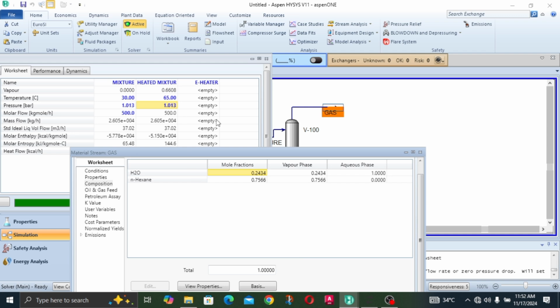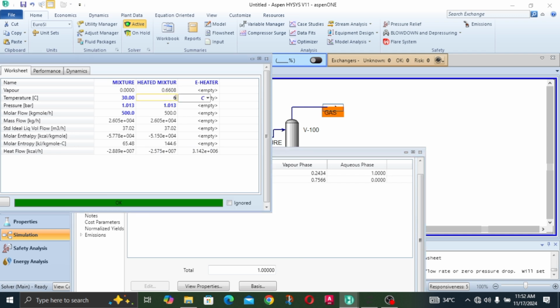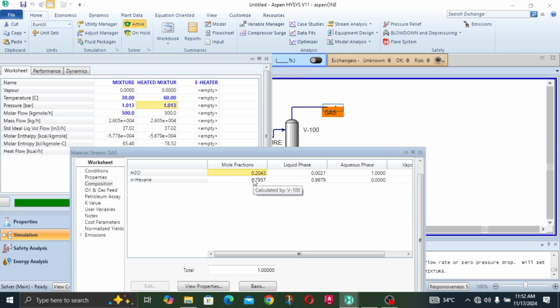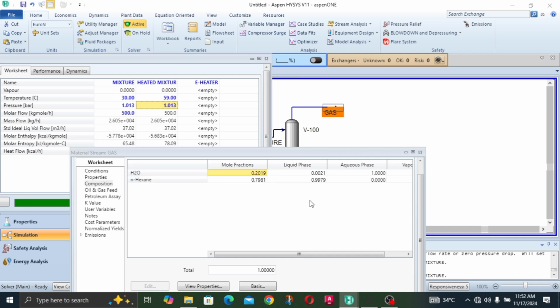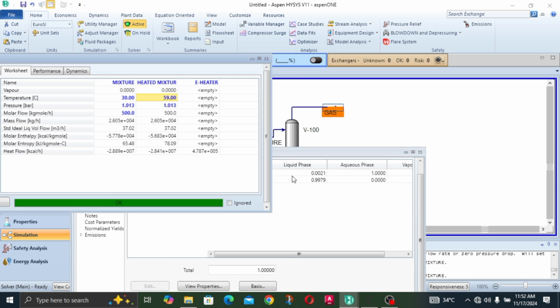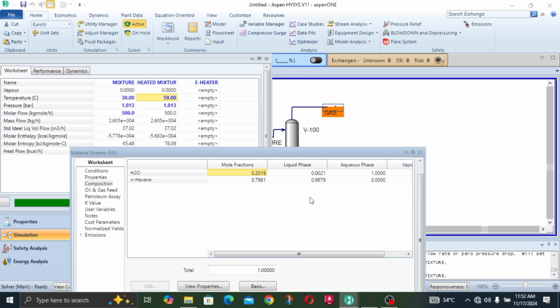It keeps going down. Let's say this is 60. All right. As you can see, more water is going down. So let's say 59. We currently have 79% of hexane and 20% of water.